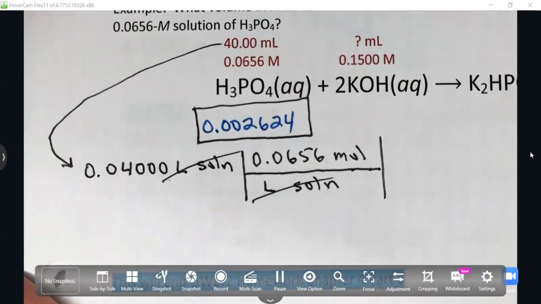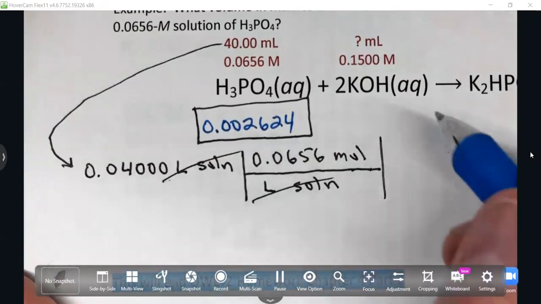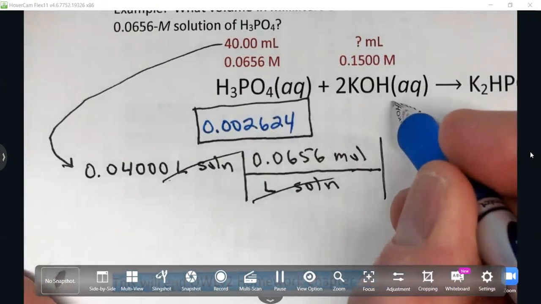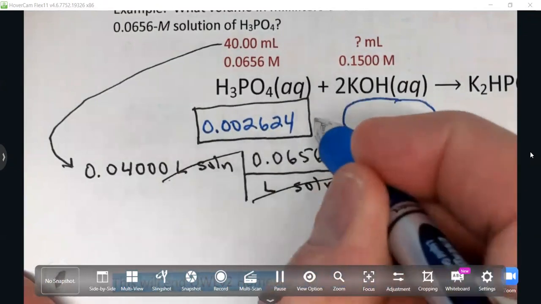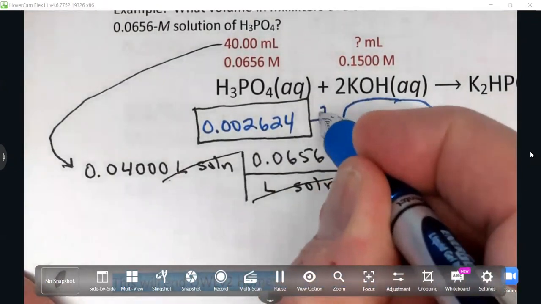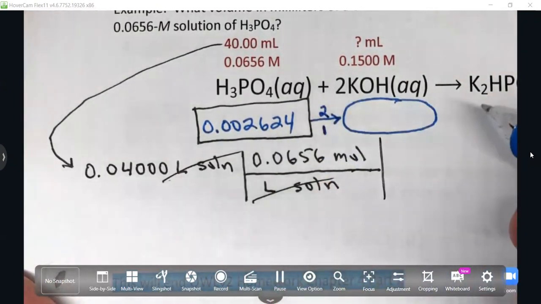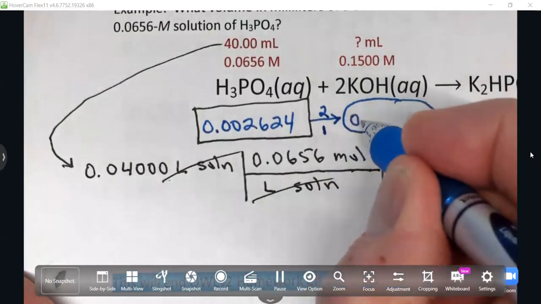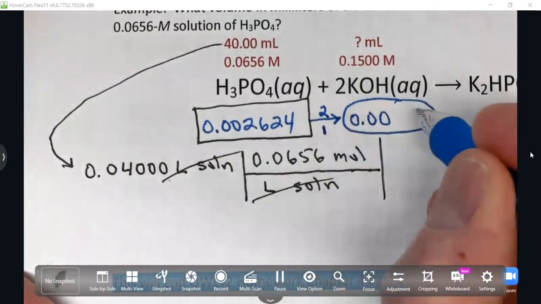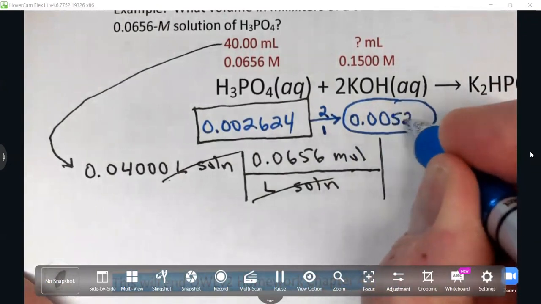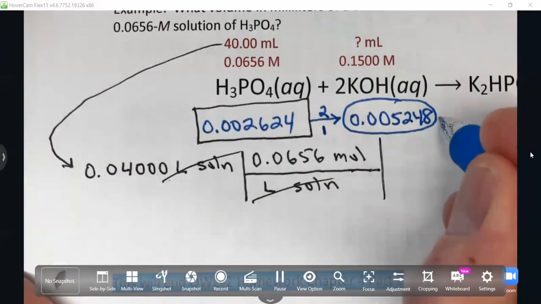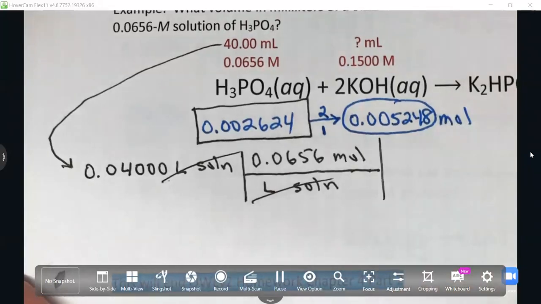Yep. So then my mole ratio is 2 to 1. So it's going to take double that, or 0.005248, and we know that's in moles.